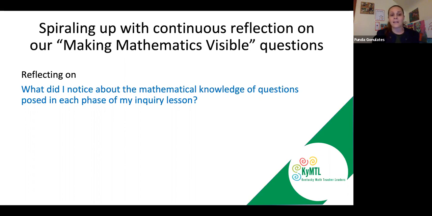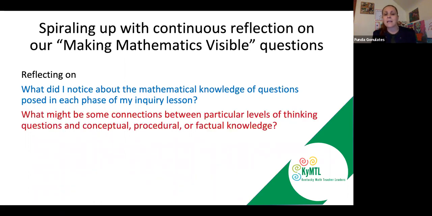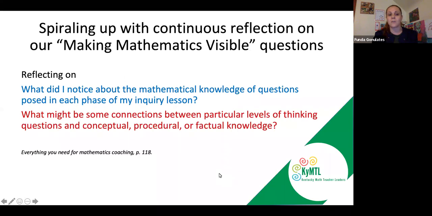Or you can reflect on, what might be some connections between particular levels of thinking questions and conceptual, procedural, or factual knowledge? These reflection questions and more of these types of questions can be found in our Everything Unit for Mathematics Coaching book. That will be our focus of conversation this coming Wednesday.